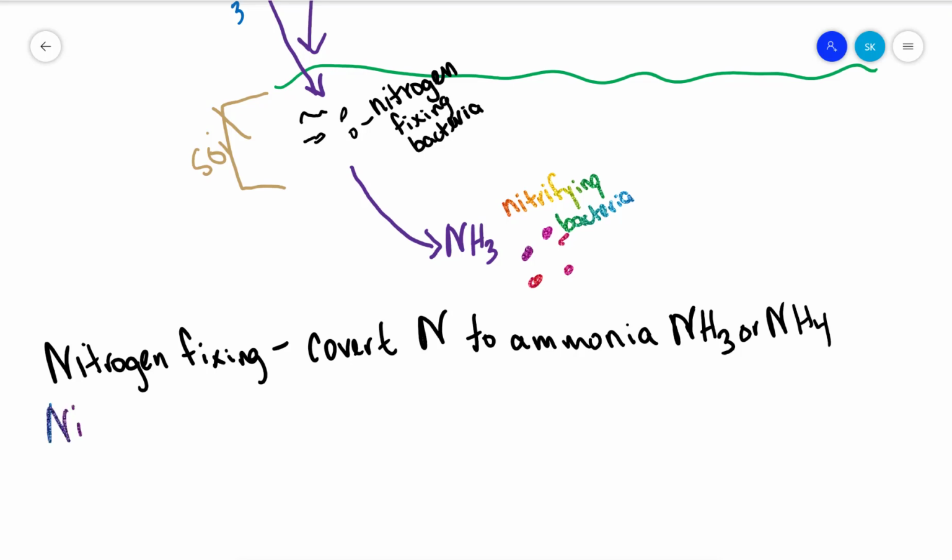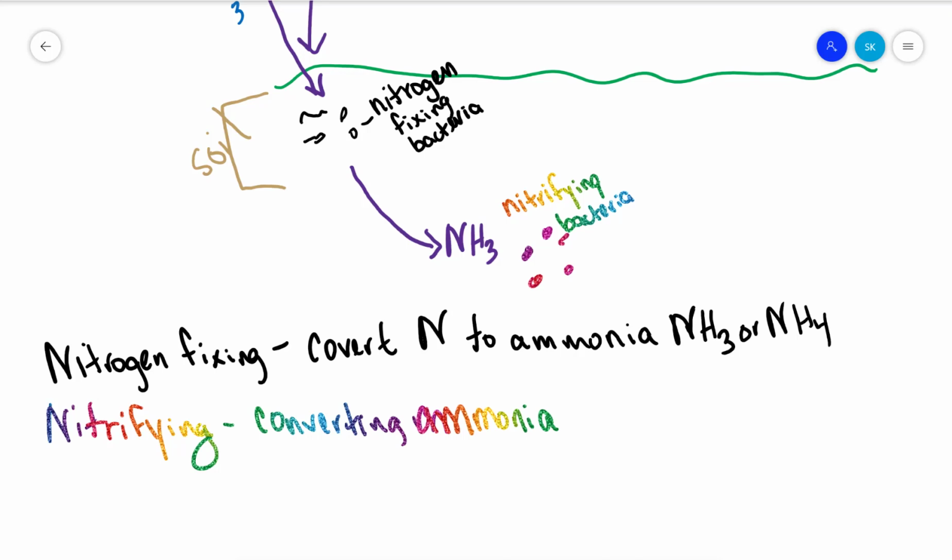So nitrifying, my goodness, my spelling is terrible today, is converting ammonia to usable form, which typically is NO3 or NO2, either way.